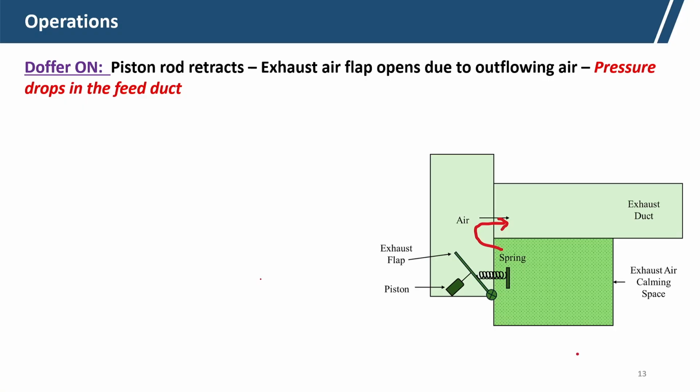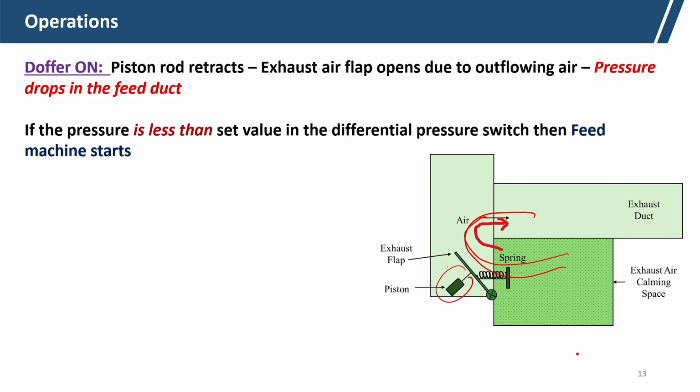Damper on: the piston rod retracts, the exhaust air flap opens up, and there is a pressure drop in the feed duct. If you increase the exhaust air flow, you can reduce the pressure drop, so we can control the pressure drop.